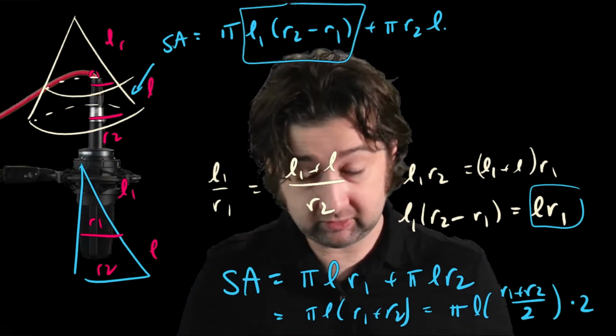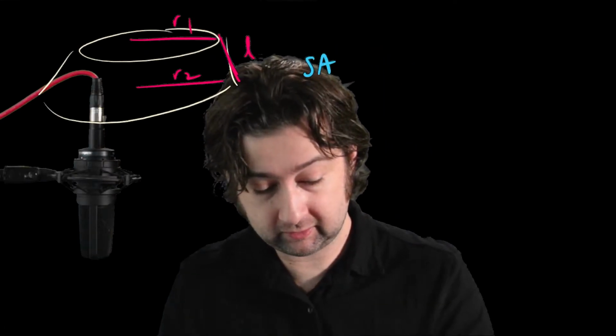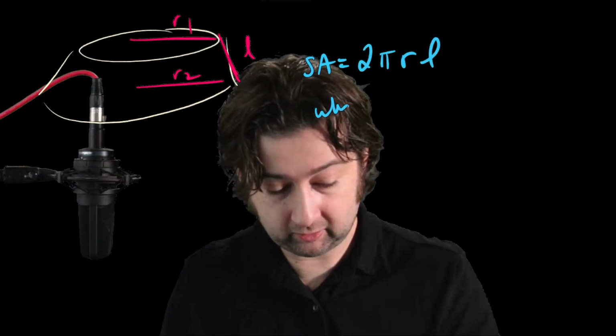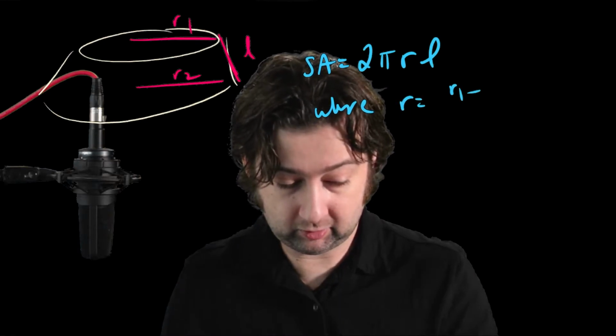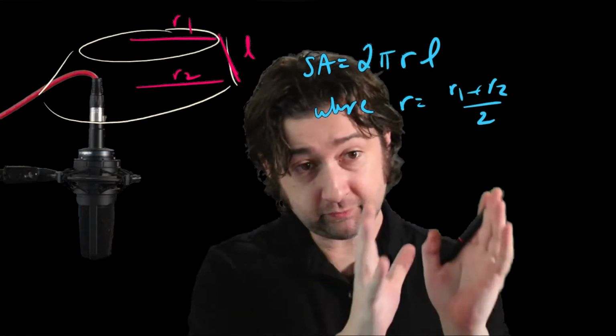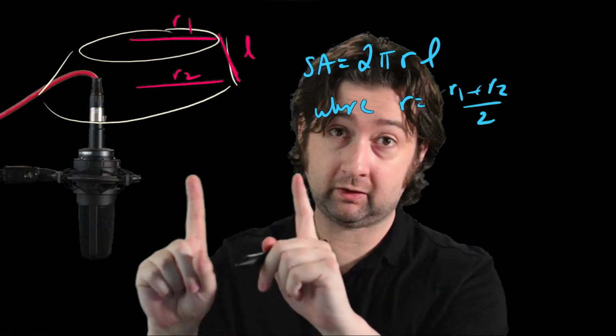And ultimately what that means after all this derivation is that when I have a frustum of a cone, and I have a radius 1 up here, and a radius 2 of the circle on the bottom, I call this slant height L, the formula I get for the surface area is equal to 2 pi R L, where R is equal to (R1 plus R2) over 2. So it's the average of the two radii. And this formula is our basic thing that we're going to be using to calculate the surface area of frustums.